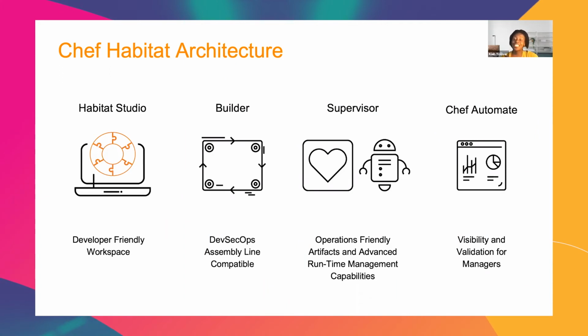Habitat Builder acts as the core of Chef's application delivery enterprise hub. Plan files are stored in the Habitat Builder SaaS, where they can be viewed and accessed by the Habitat community and shared on on-premise versions of the builder, where they can then be copied and maintained locally.